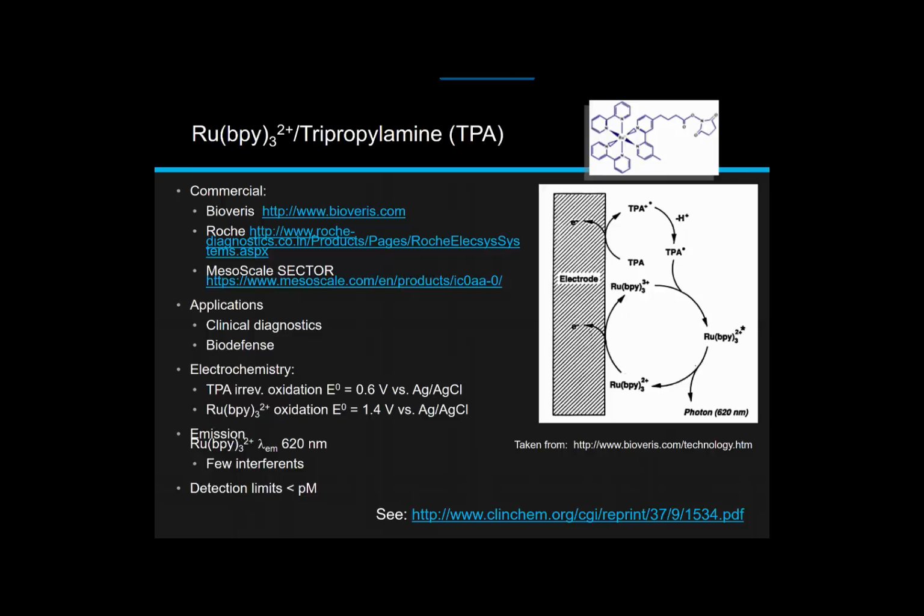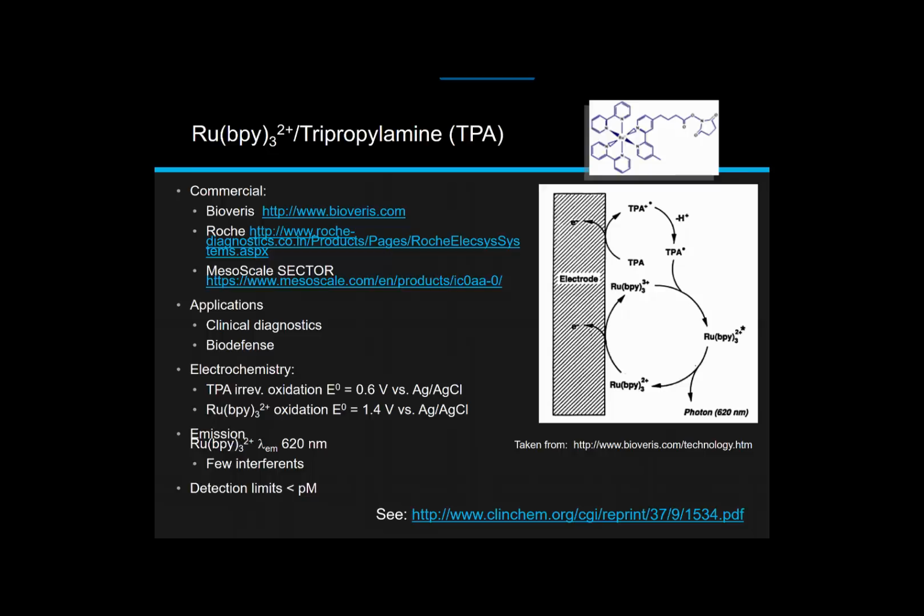We can use the electrode to oxidize tripropylamine, and that tripropylamine will spontaneously lose a proton, and it will oxidize the ruthenium from 2+ to 3+. That TPA radical, tripropylamine radical, will then react with the oxidized ruthenium to produce a photoexcited ruthenium trisbipyridine that will emit.